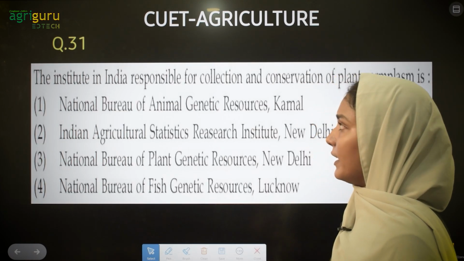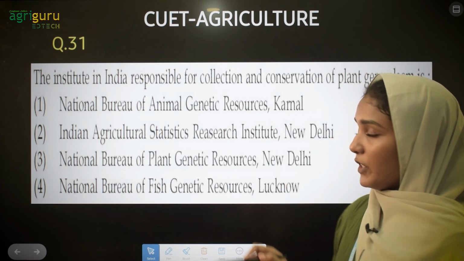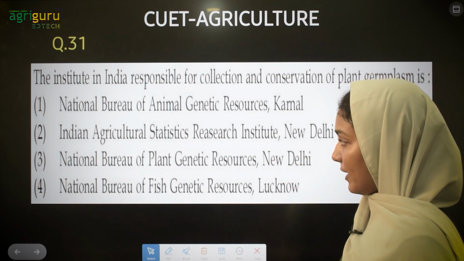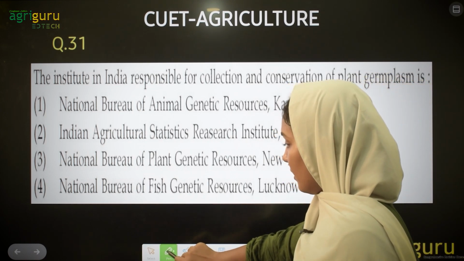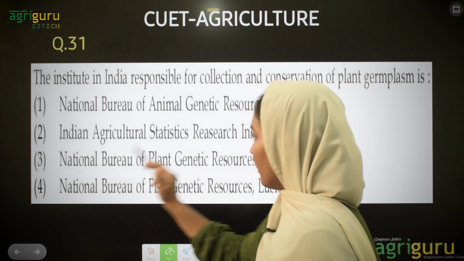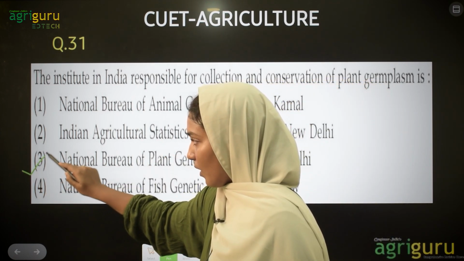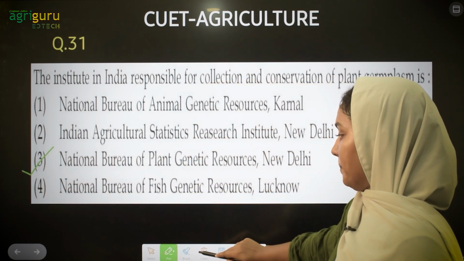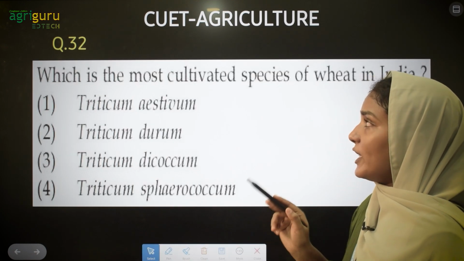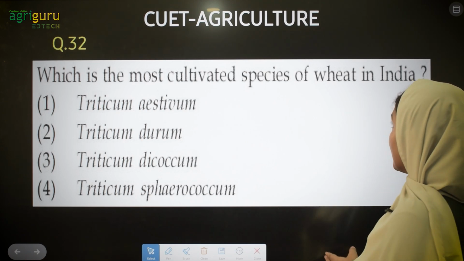Next question, that is 31. The institute in India responsible for collection and conservation of plant germplasm is? The answer is National Bureau of Plant Genetic Resources, which is situated in New Delhi. That is option number 3. Next, 32. Which of the following is the most cultivated species of wheat in India?